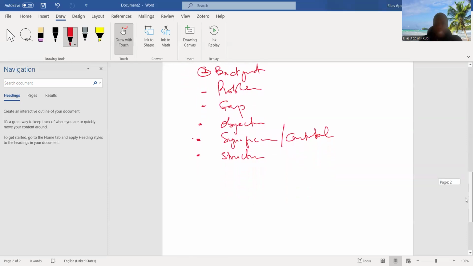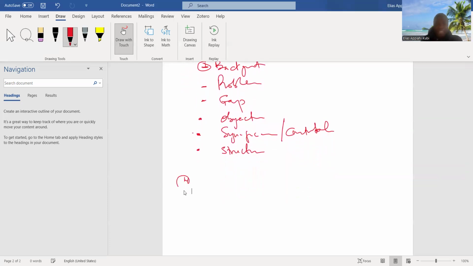After writing your introduction, another important section is your literature review or your hypothesis development. So let me call it theoretical framework and hypothesis development.